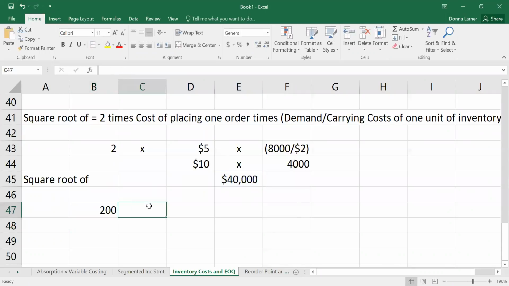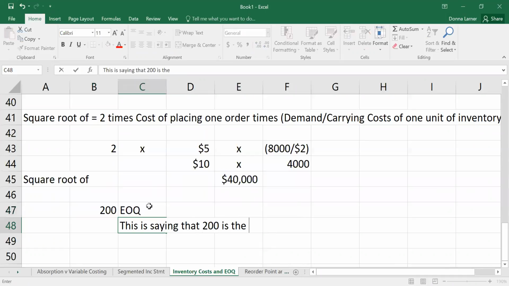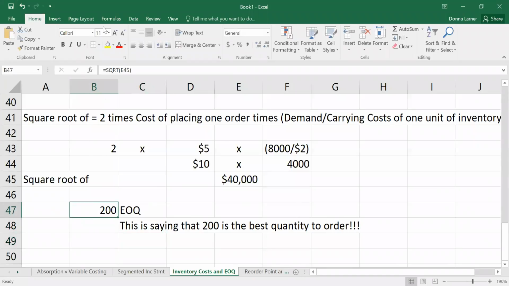There you go. That's the economic order quantity. That says 200 is what they're telling us is the best quantity to order. If we order 200 units, we can place orders fairly frequently, incur the $5 cost, but we won't be holding on to a ton of inventory like we were when we ordered 500.